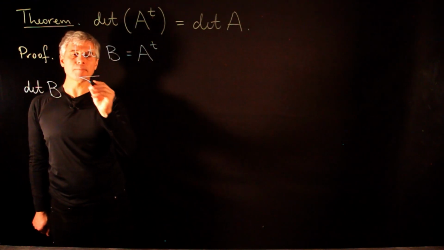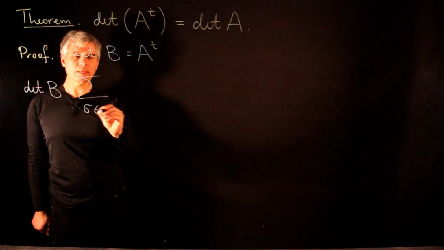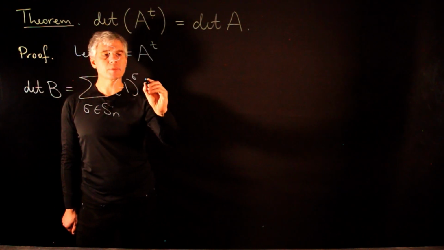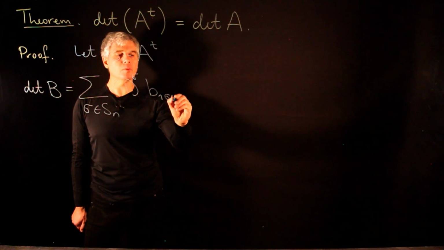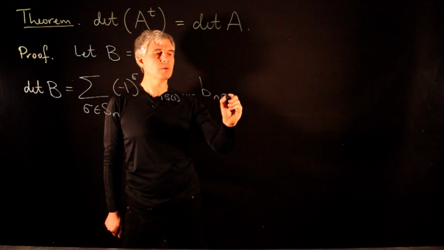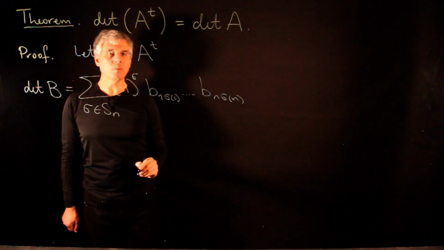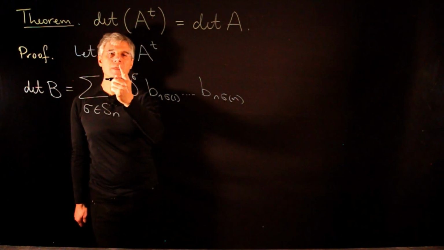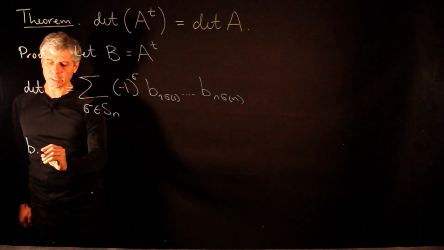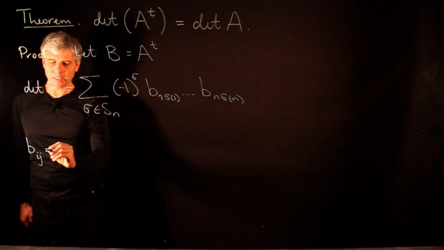This is the sum over sigma in S_n, parity of sigma times b_1 sigma of 1, dot dot dot, b_n sigma of n. But what is the relation between the transpose matrix and the original matrix? The relation is that b_ij is the same as a_ji.